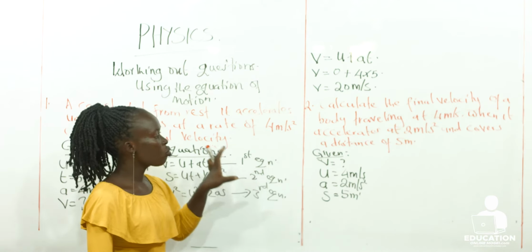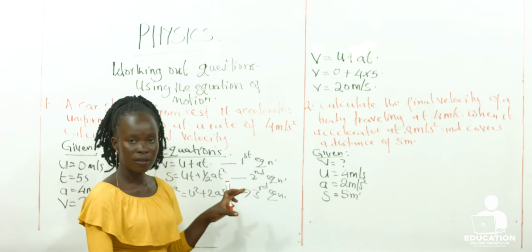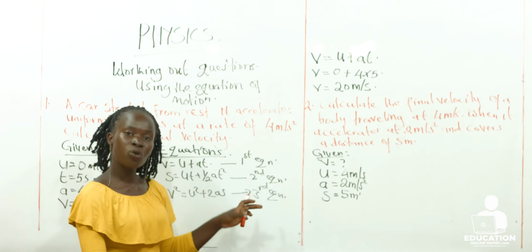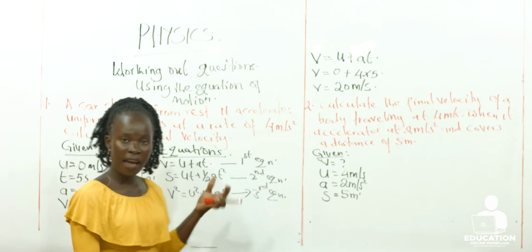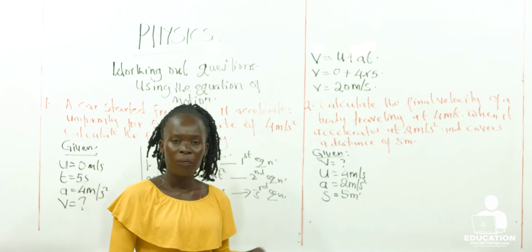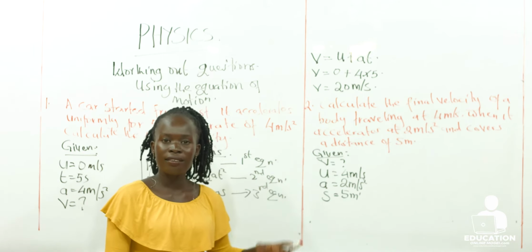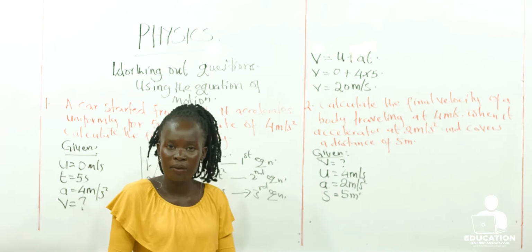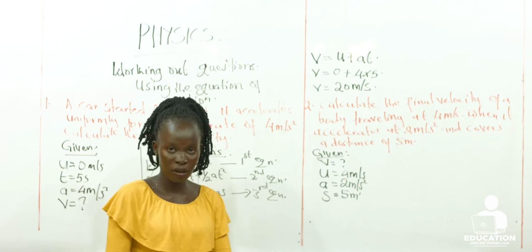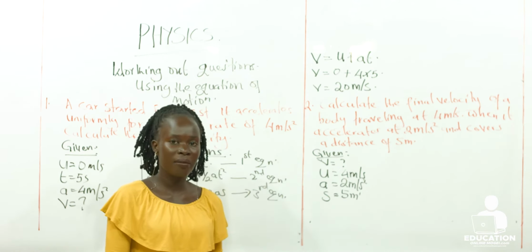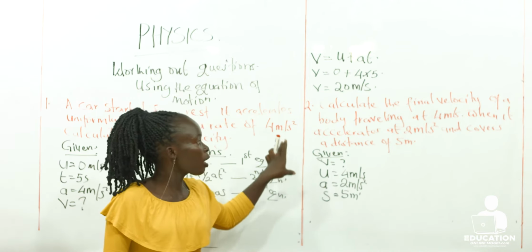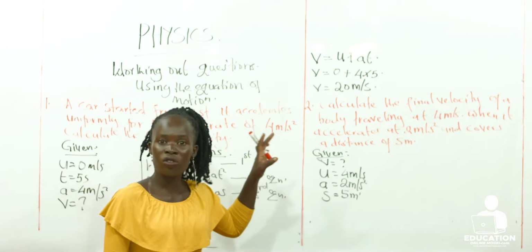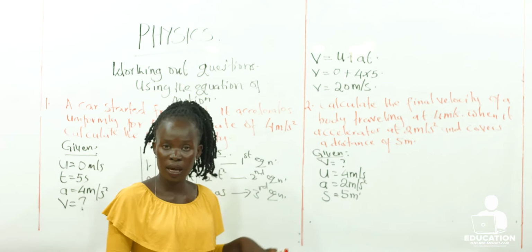To calculate this, you go to your equations of motion and find out which equation doesn't have time in it. The one that doesn't have time is the one we shall use, because when the body was traveling, it was not timed.